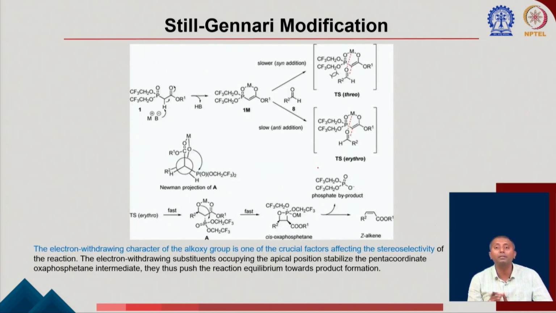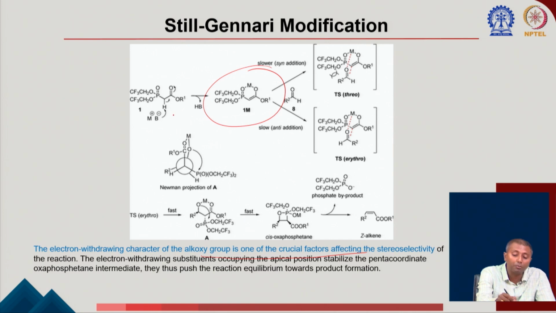We are going to learn the important concept of why we see the corresponding Z product here. What is the important thing? They say that the electron withdrawing character of the alkoxy group is one of the crucial factors affecting the stereoselectivity. Of course, once you have the electron withdrawing group here, you can abstract this proton to form the corresponding enolate.